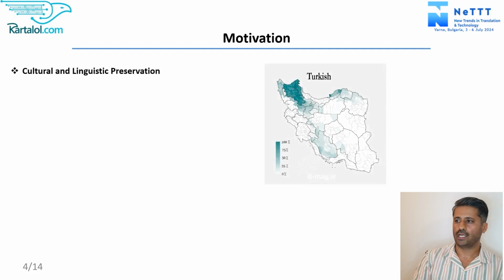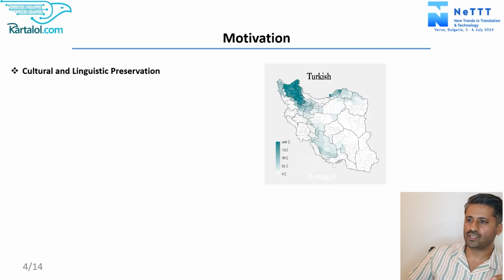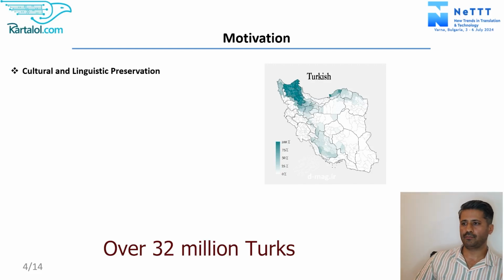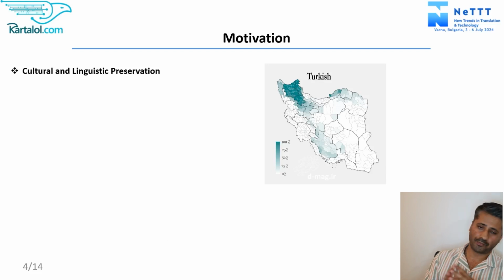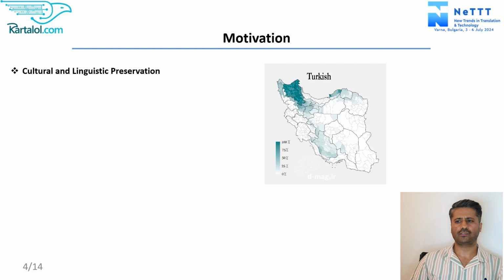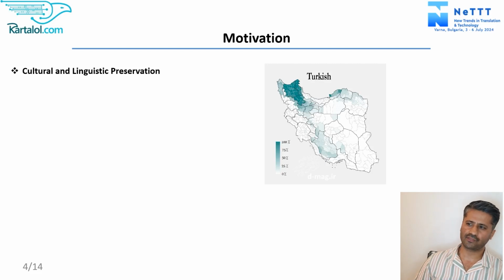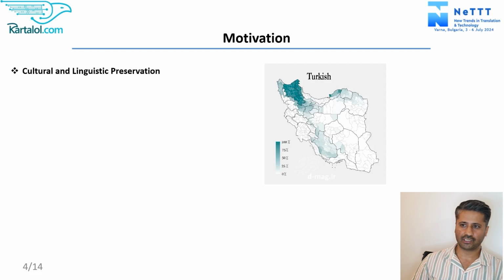With over 32 million Turks in Iran who speak Azerbaijani as their mother tongue, you can also see the Turk population on the map. There is a risk of linguistic assimilation due to the dominance of the Persian language. Enhancing technological resources for the Azerbaijani language aims to support preservation of this cultural heritage.